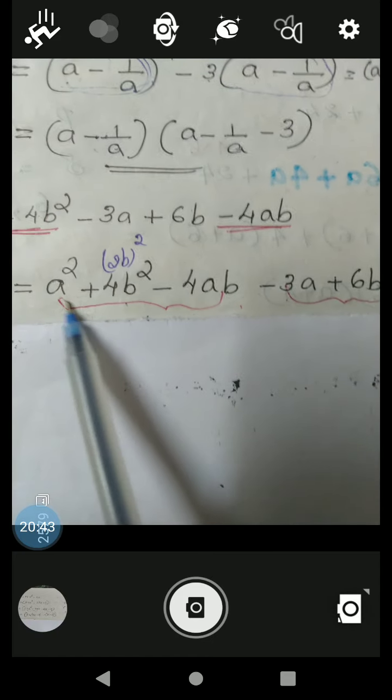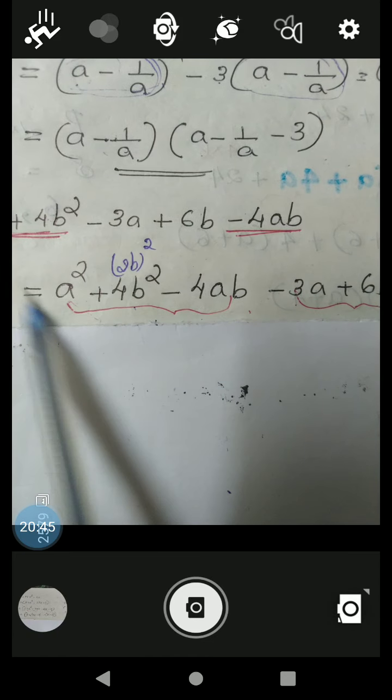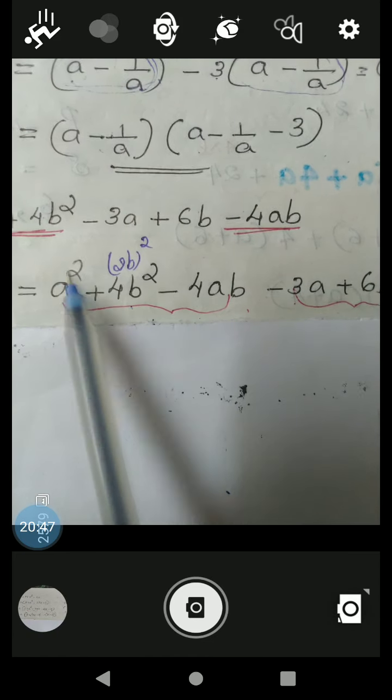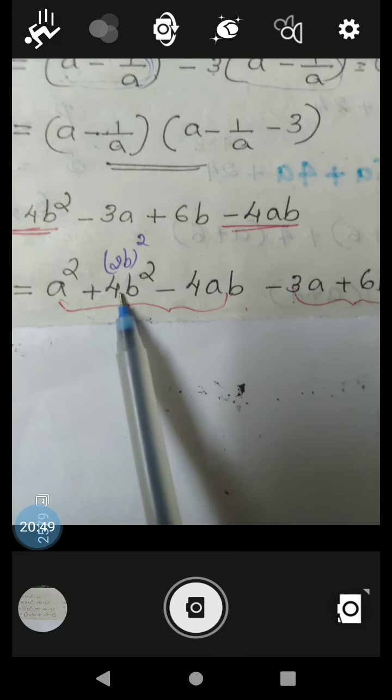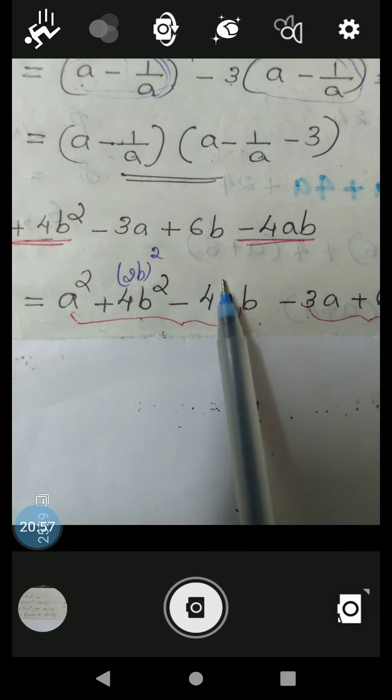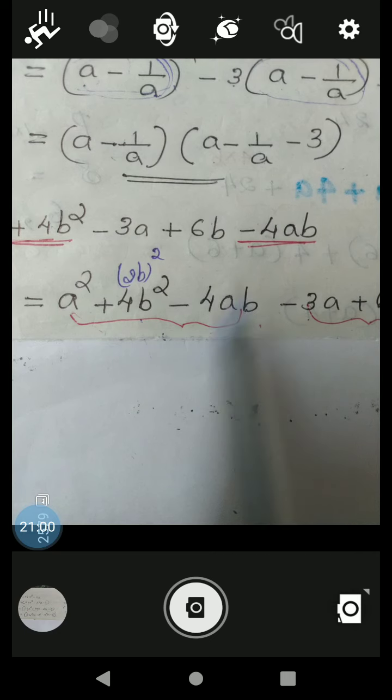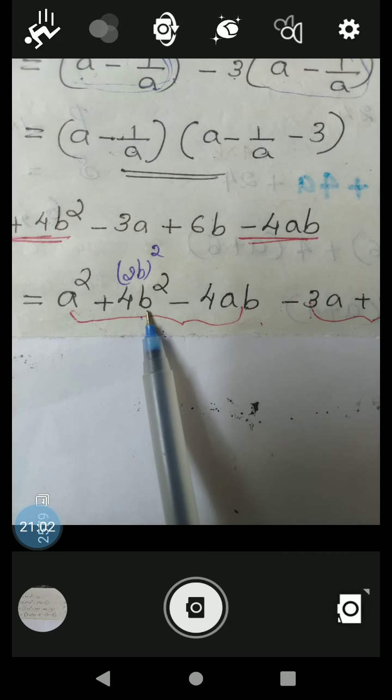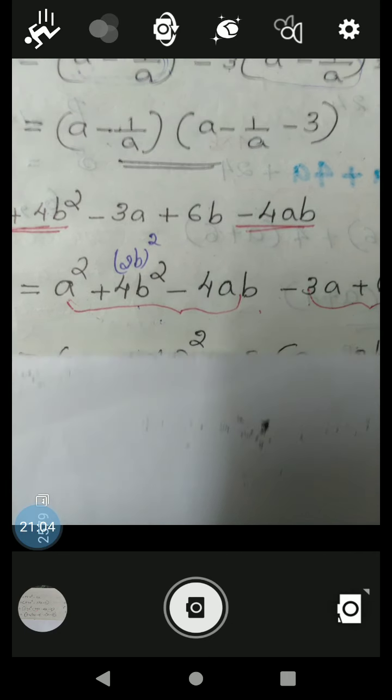Now this is in the form a minus b the whole square. Here instead of b square, we have 2b the whole square, that is 4b square. So it is very clear that these three terms can be written as a minus 2b the whole square.